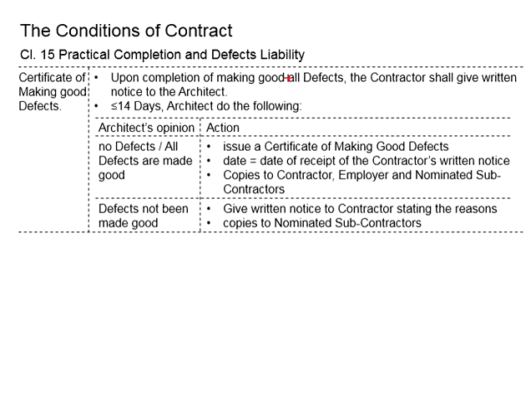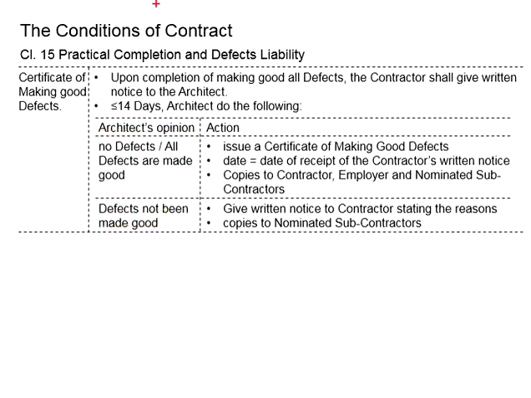So, upon completion of the rectification works of all the defects, the contractor will need to give a written notice to the architect stating that he has done the relevant task. Within 14 days, the architect will need to do the inspection, and there are 2 possible outcomes, depending on the opinion of the architect, whether the relevant defects have been made good.